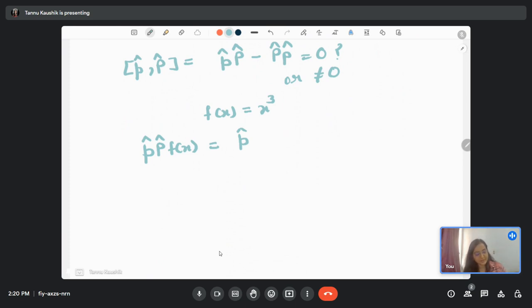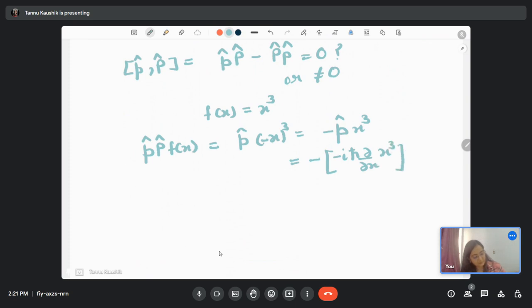Firstly we will find out what the parity operator does. It will substitute x with minus x. When we substitute this x with minus x, what will we get? Minus, momentum operator p into x cube.